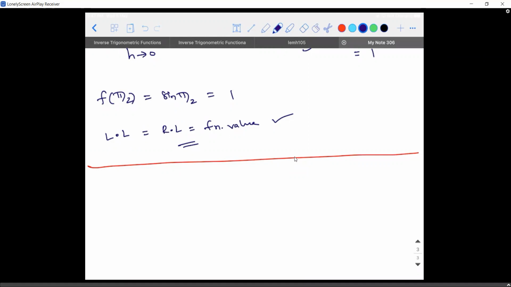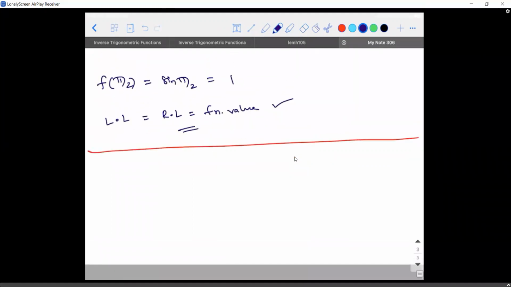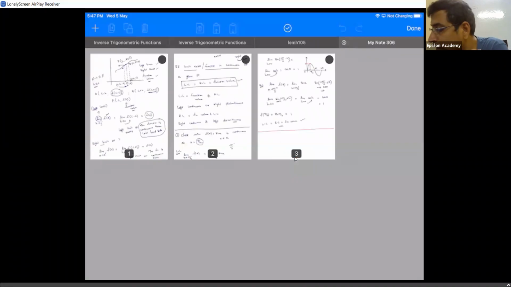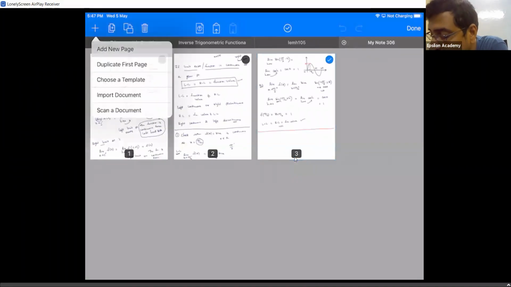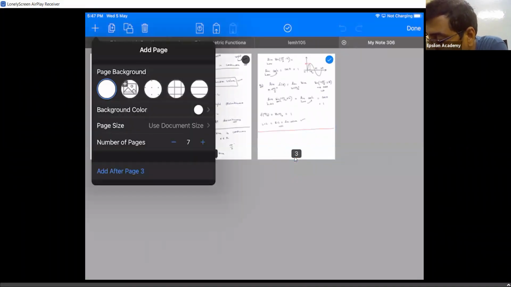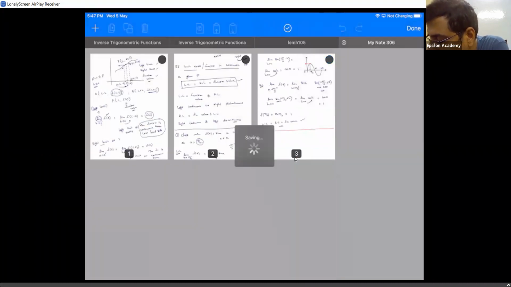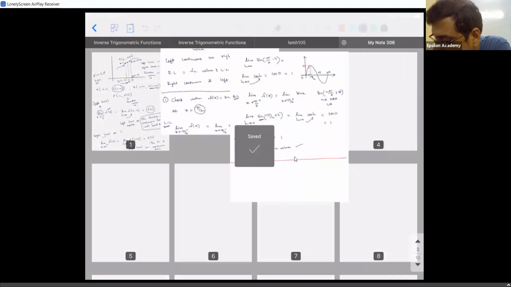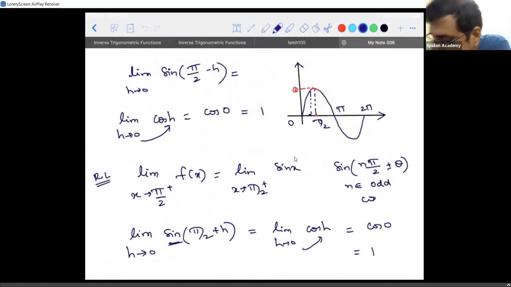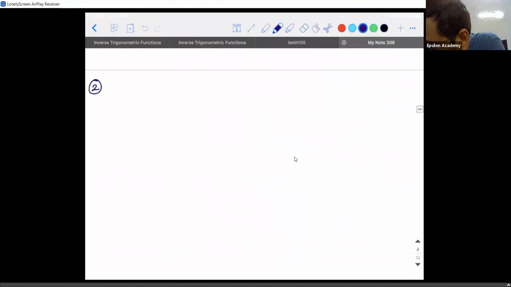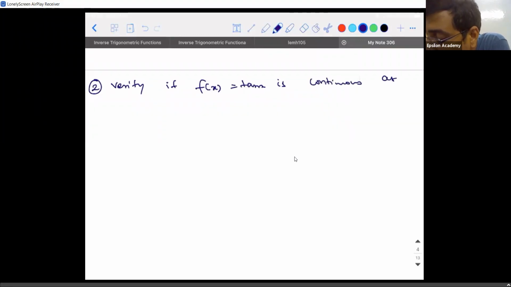Now let's take this function. I need to show you an example of a discontinuous one as well. Let's think about it. Verify if f of x is equal to tan x is continuous at x equal to pi by 2.